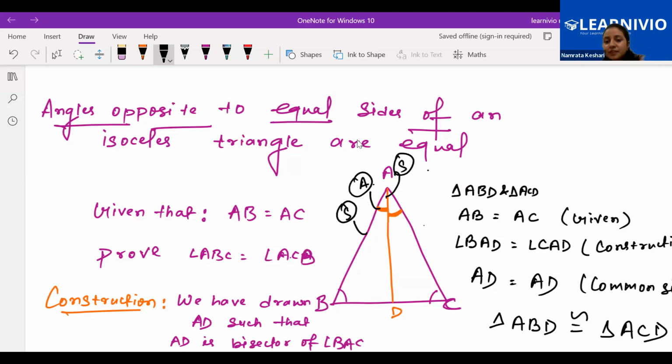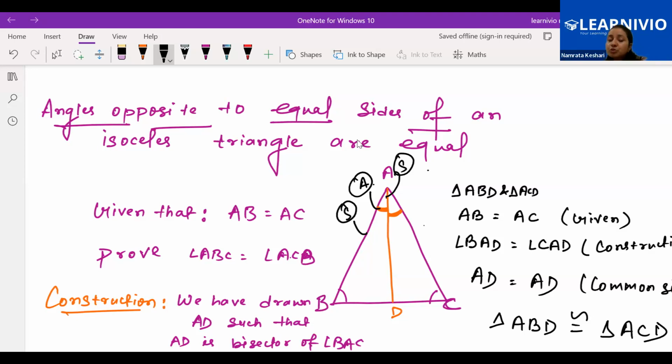Yes, ma'am. And that's why we thought that maybe the concept of congruency will help us prove that angle B over here is equal to angle C over there. That means opposite to equal sides, the angles which are opposite will also be equal to each other. That's what we wanted to prove over here with the help of the concept of congruency.